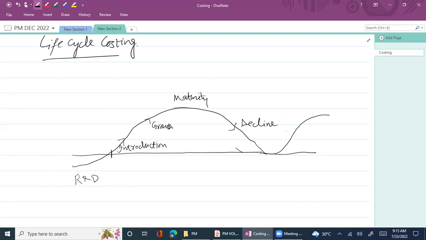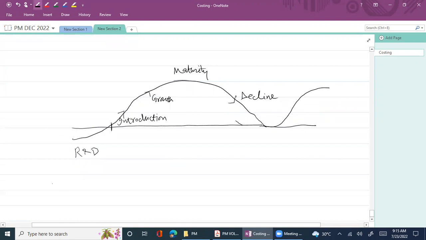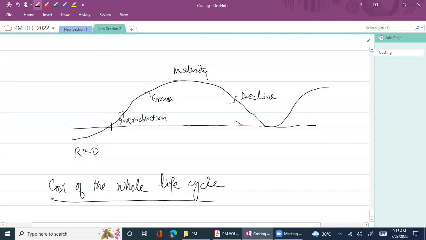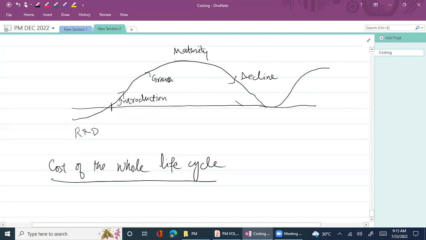Now, the concept of life cycle costing is that we will add the cost of the whole life cycle. What does it mean? It means that if a life cycle consists of, let's say, 4 to 5 years or 2 years, whatever the time period is, we will add the cost incurred in each phase of life for the product.